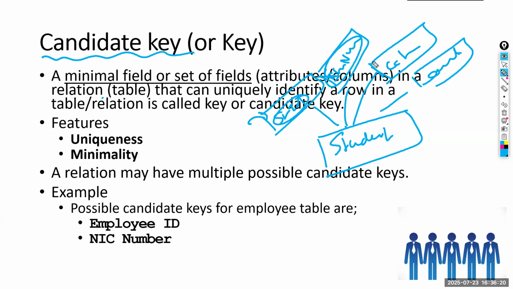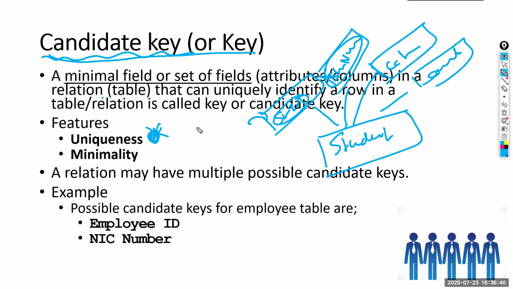So how do you double check whether a particular field is a candidate key? Super easy. Just check whether using that field or set of fields, can you uniquely identify a record? NIC, yes. Student number, yes.